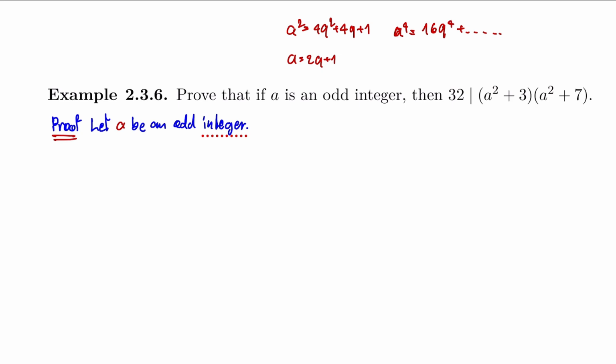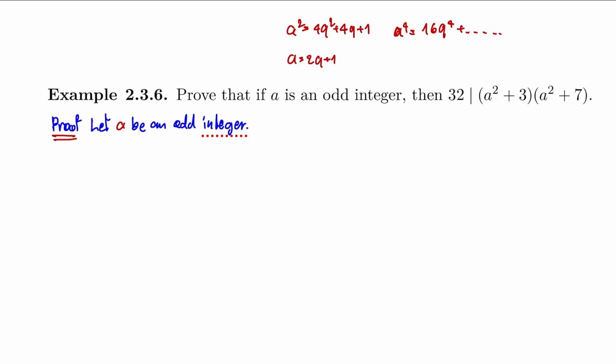So for this one, a equal to 2q plus 1, which is odd, we are unable to show that the product is divisible by 32. Why? Because this is 16.